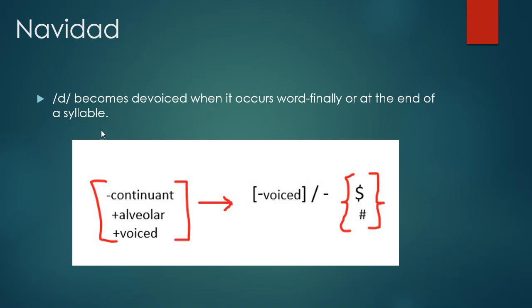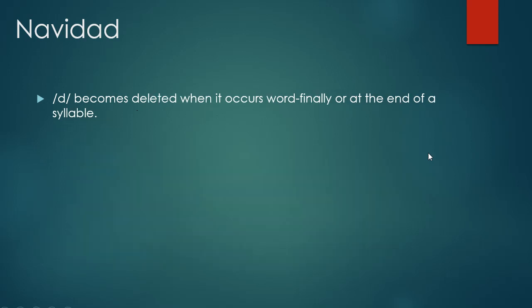Okay, people, this representation here is for when people try to change the final phoneme of this word for the voiceless one, which is t. But let's suppose that some people omit the final sound, because some people say Navidad, viene la Navidad. In that case, we need to change this word here for another one, which is deleted. The d becomes deleted when it occurs word finally or at the end of a syllable.